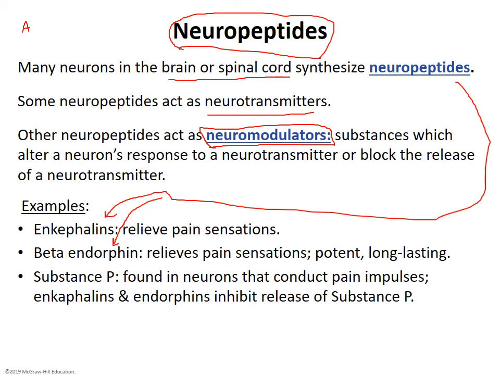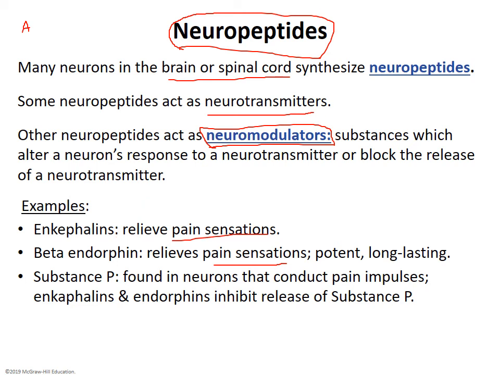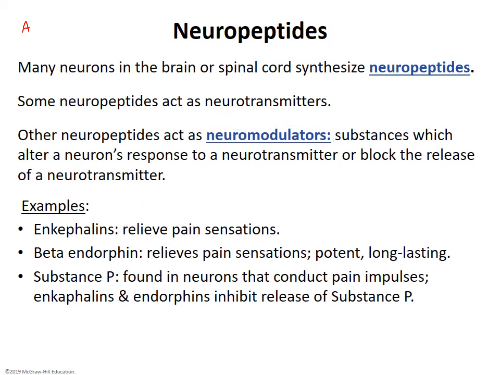Enkephalins and endorphins, they're both to help relieve pain, and they help change your sense of wellness and feeling. Again, if you've ever heard of runner's high, it is because as you're running, there's going to be a release of endorphins.